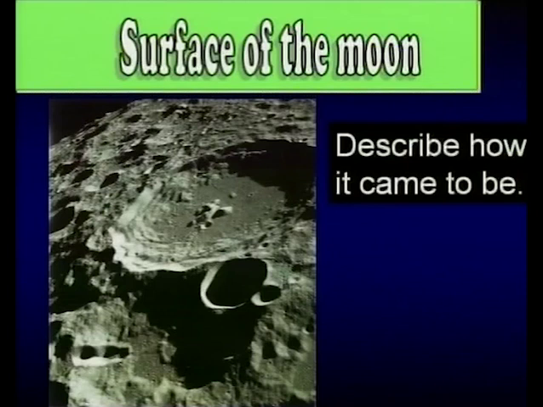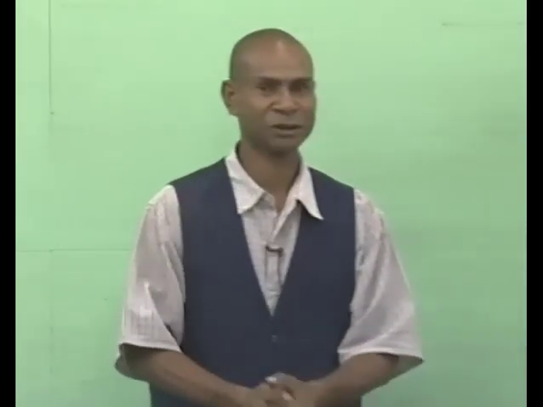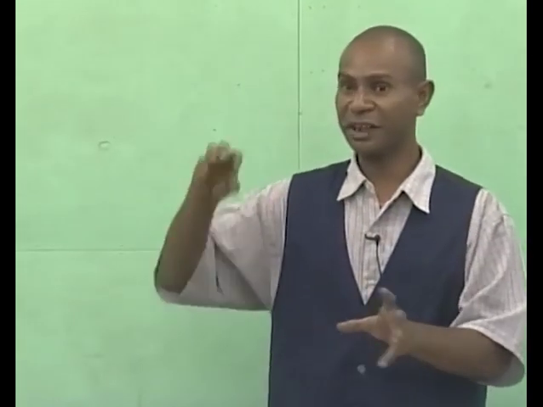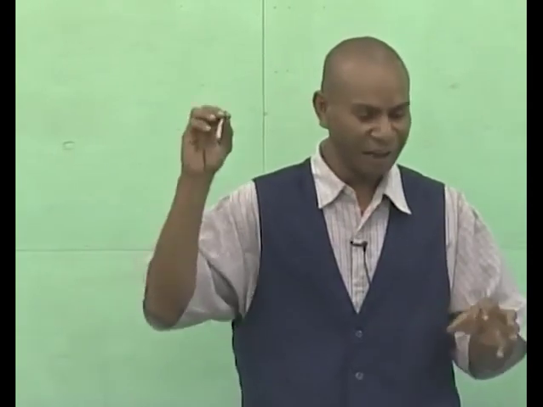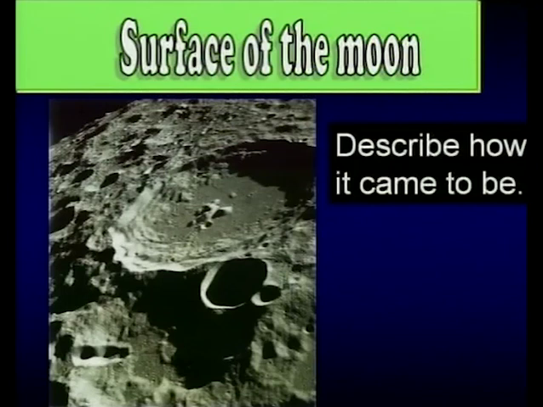So the moon was formed at the same time as the Earth, in the same way, from bits and pieces caused by the explosion that formed the Earth. Over millions of years, these meteors and asteroids crashed into the surface of the moon, creating the craters.